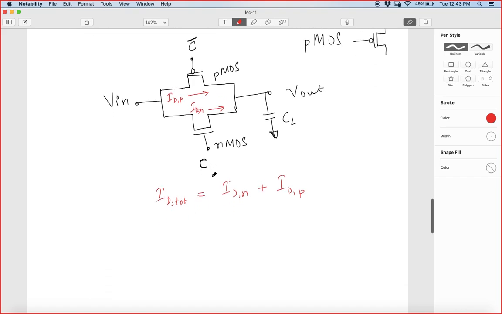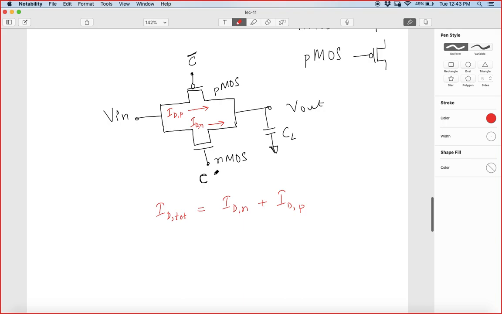So let's now try to understand how the operating region of this NMOS and PMOS changes. Let's consider the situation where V out is 0 volt and V in is equal to VDD.